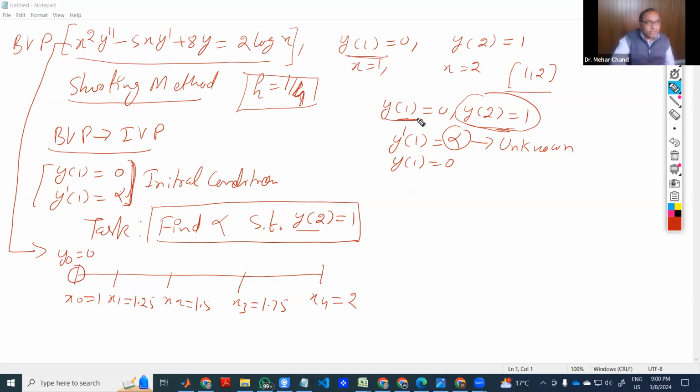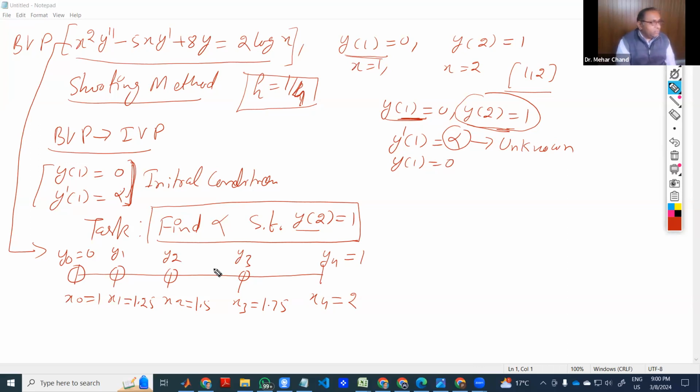At this point we have y naught, which is 0. And at x4 we have y4, which is equal to 1. These values are unknown: y1, y2, and y3. These three values are unknown.